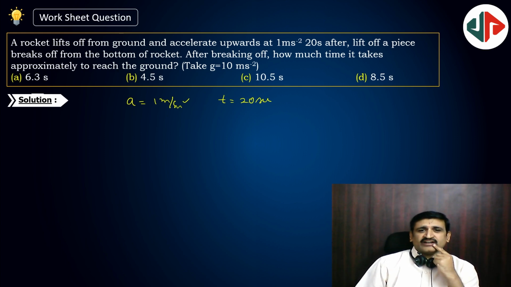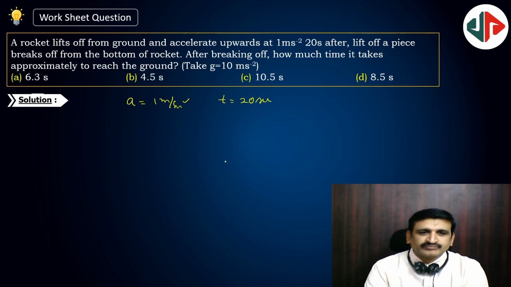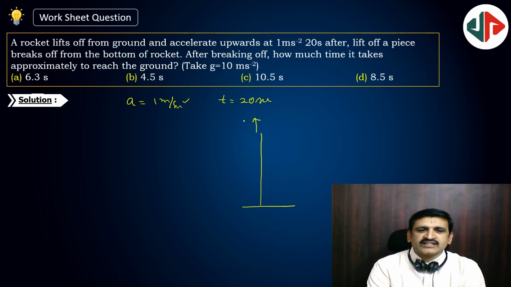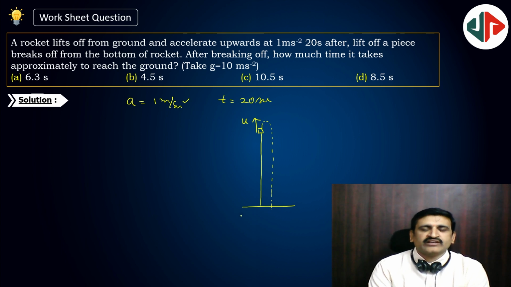After breaking off, how much time does it take approximately to reach the ground? Similar question like the previous. This is ground, rocket is here. Now rocket will have some velocity. That velocity only that piece is going to have. That piece will move like this then. So he is asking how much time it takes to reach.